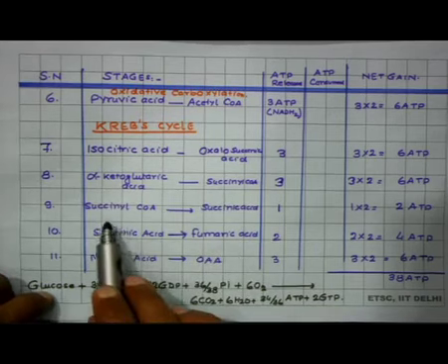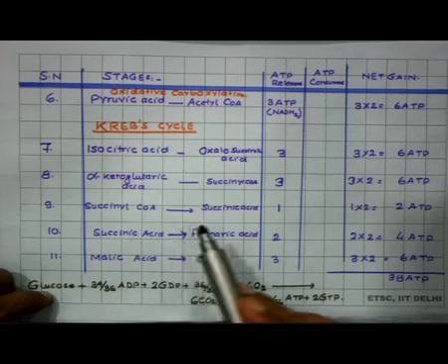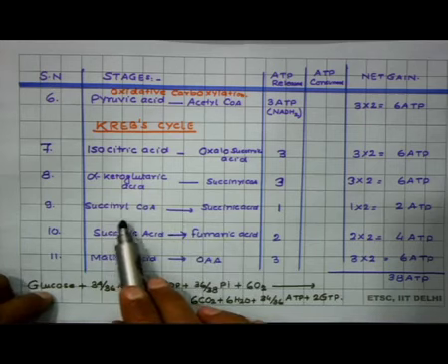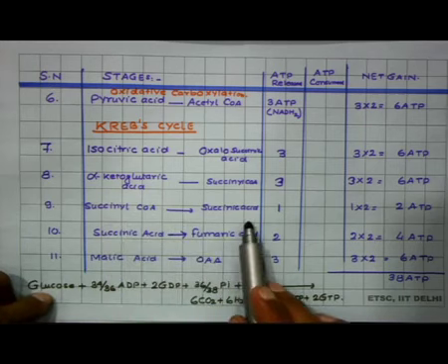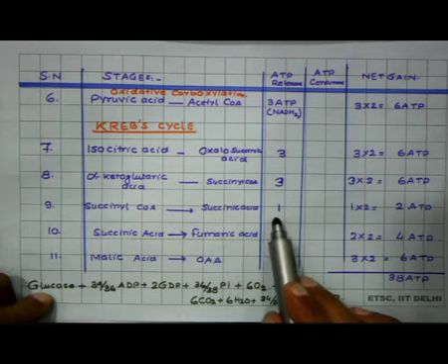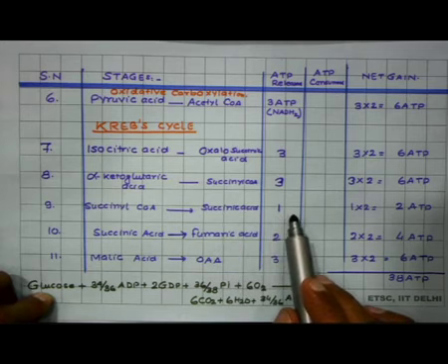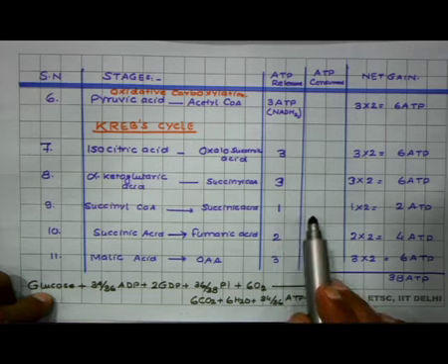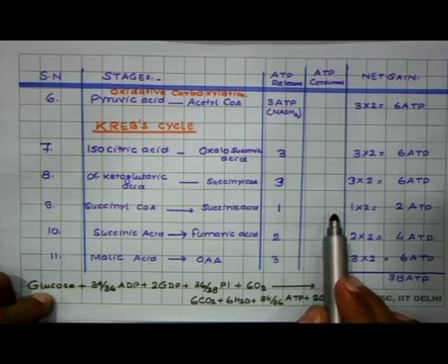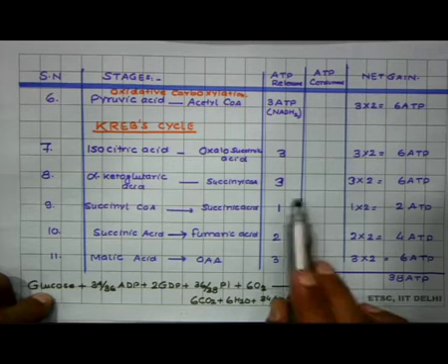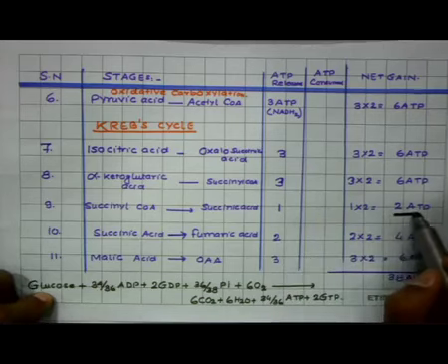And one direct level of ATP is synthesized, that is succinyl coenzyme converted into succinic acid, where GDP combines with inorganic phosphate, GTP is formed, then ADP is formed, which is again converted into ATP.